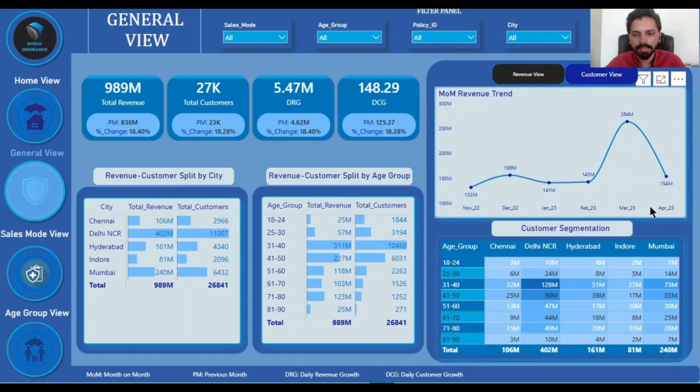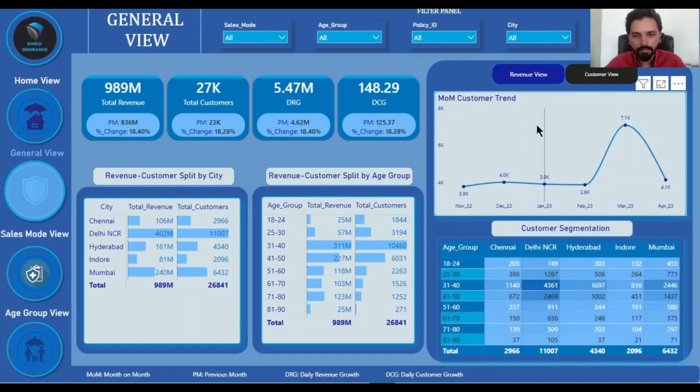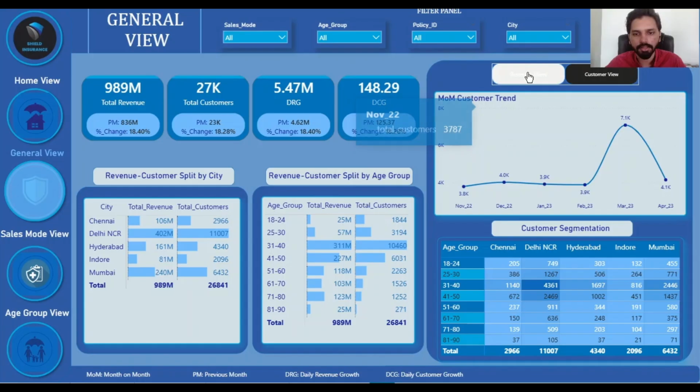On the line chart we can see the month-on-month revenue trend, how the revenue moved from November 22 till April 23, and also the increase or decrease in the number of customers over the same period.